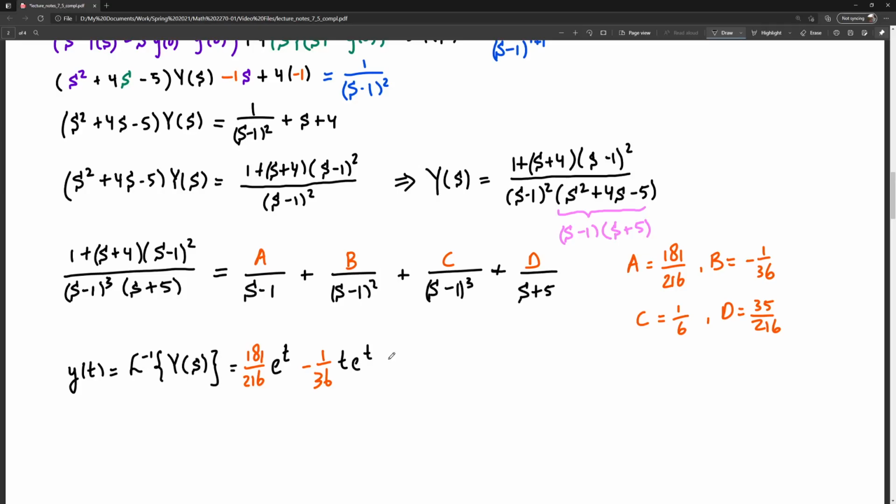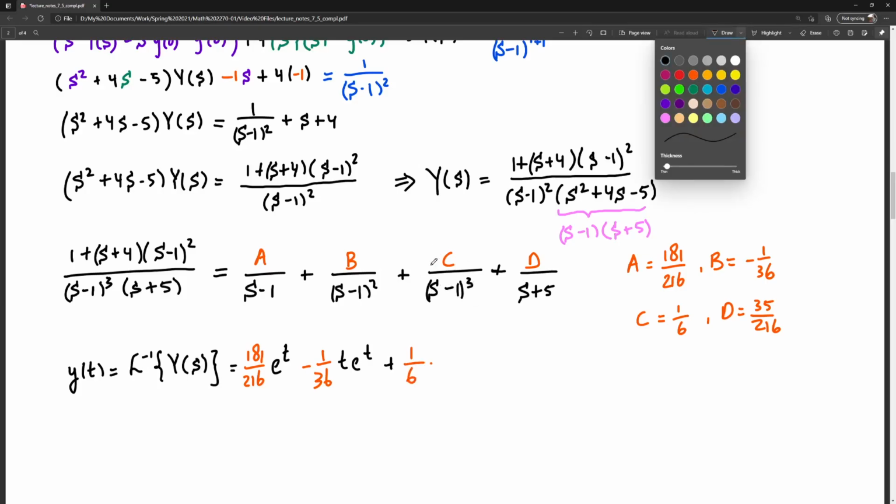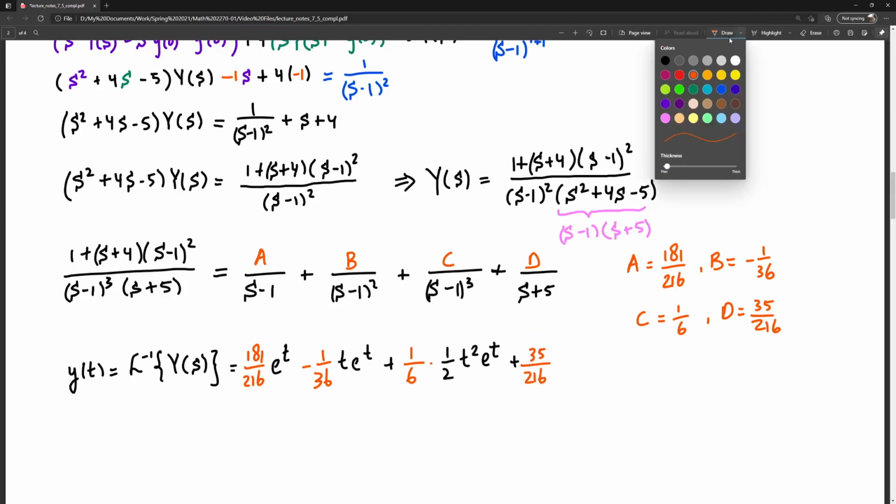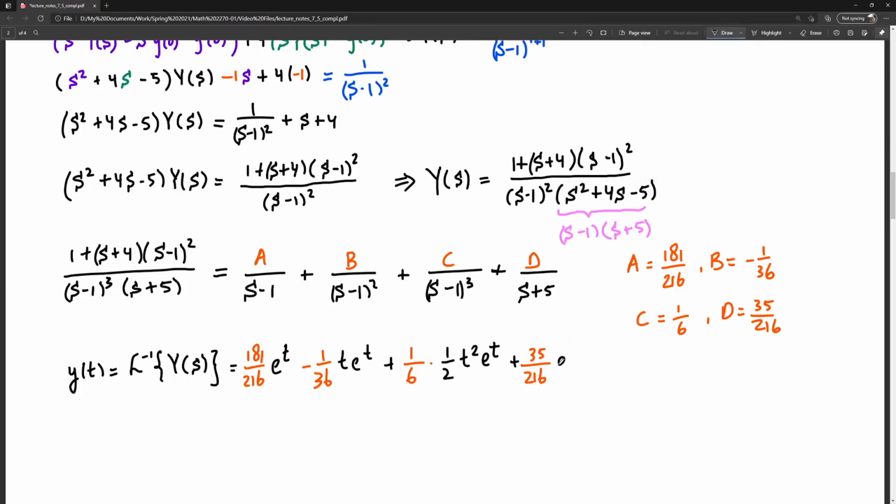And then we have plus 1/6 times the inverse Laplace of 1 over s minus 1 cubed, which is actually 1/2 t squared e to the power t. And so this would combine to 1 over 12. And then our last part is plus 35 over 216 times e to the power negative 5t.